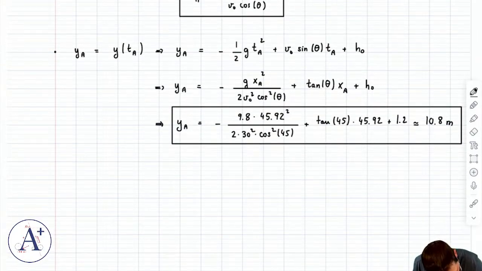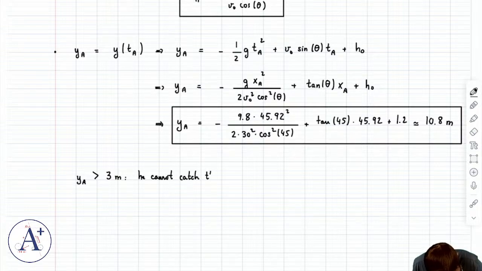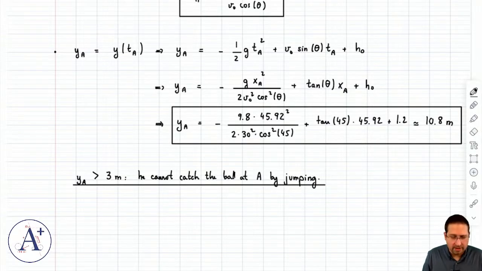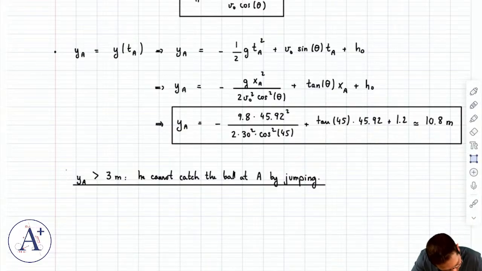So ya is greater than 3 meters, so he cannot catch the ball at point A by jumping. So ya is strictly greater than 3. He's going to have to run to point B to catch the ball.